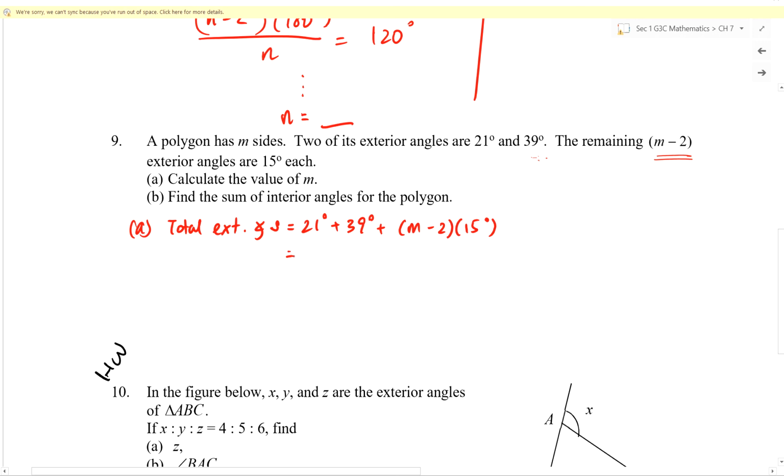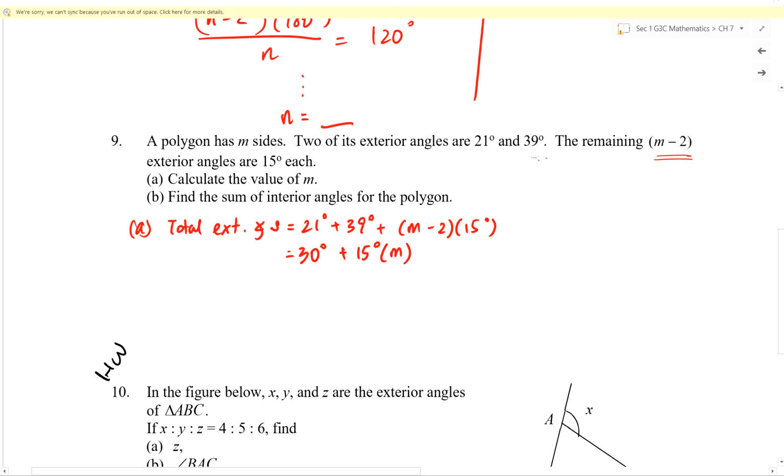Expand: 21 plus 39 minus 30, so we have 30 degrees plus 15 degrees m.